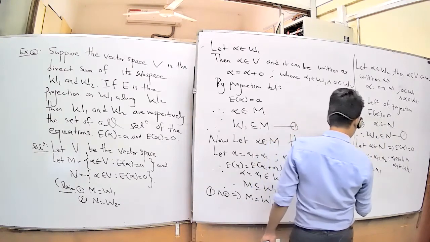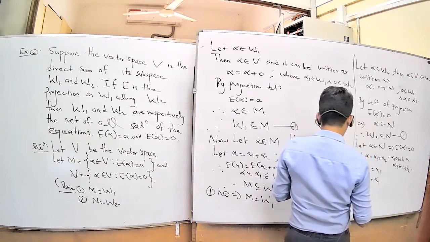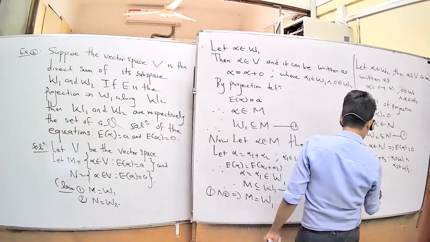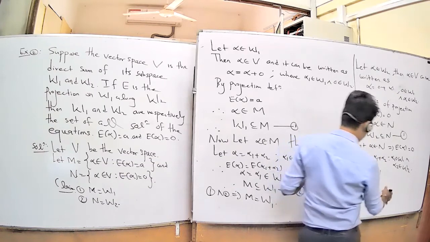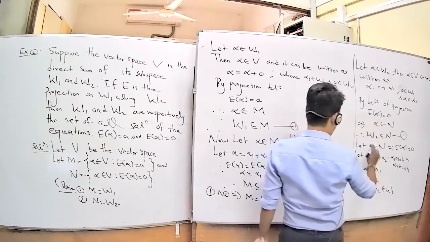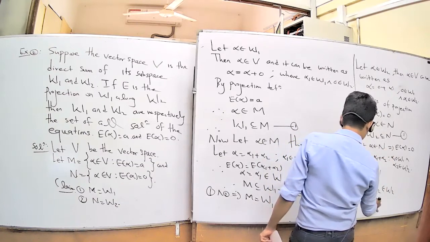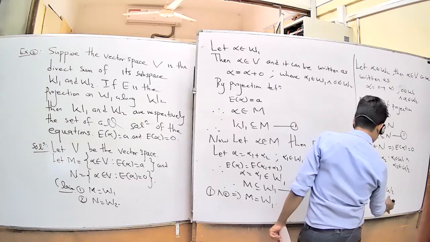But we have E^alpha is 0, therefore alpha 1 is 0. Alpha 1 being 0 means you have alpha equal to alpha 2. Alpha 2 belongs to W2, therefore alpha also belongs to W2. We have alpha belongs to N, and we proved alpha belongs to W2, therefore N is a subset of W2.